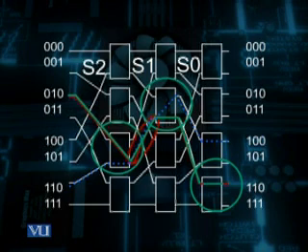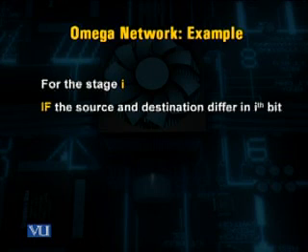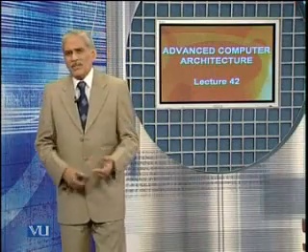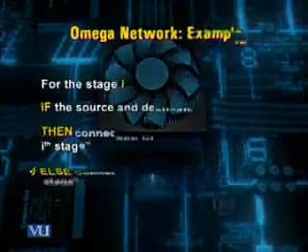Here you can see that the generalized rule to find the switch connection can be summarized as follows: for any stage i, if the source and the destination differ at the ith bit, then the connection is cross, because the exclusive OR operation on 2 complement values is always equal to 1, and whenever its value is equal to 1, the connection is cross.